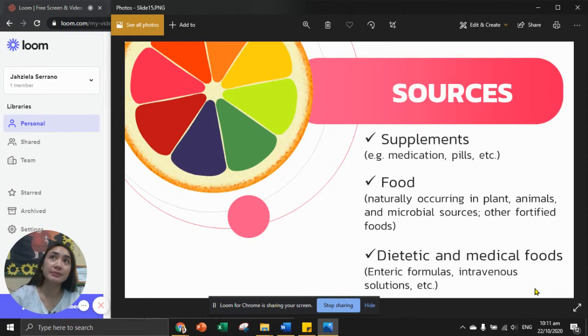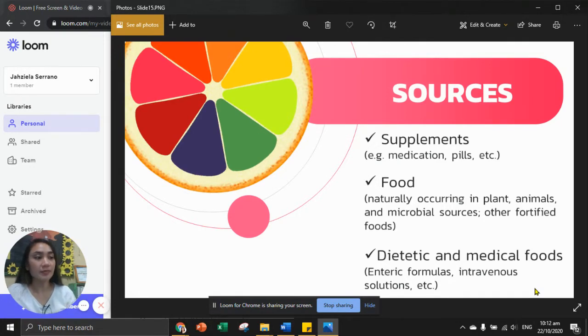So what else? Other examples of supplements, Centrum, complete, no? So sinasabi complete daw kasi from A to Z. So they also have vitamin and also mineral. We also have USANA, which is an American drug company which produces cell active na vitamins or medication, which is ano sila, parang automatic nag-a-adjust yung vitamins according to what your body needs.